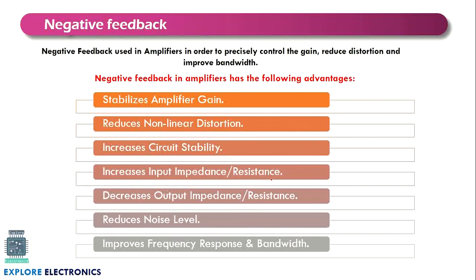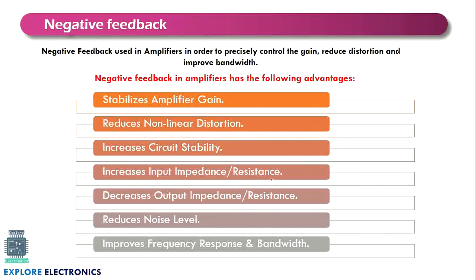Input impedance should be high, output impedance should be low, and it should address the nonlinear distortion and stabilize the circuit and gain. So these are the advantages of negative feedback. It is helpful for an amplifier. That's why we use negative feedback in amplifier circuits.